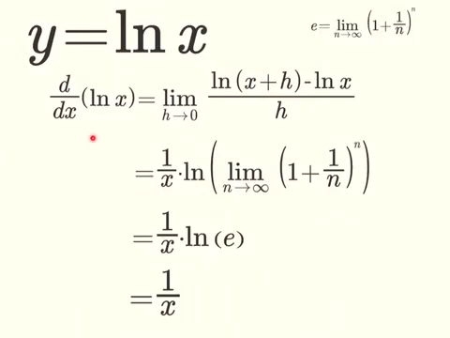And if you watched my first video about the derivative of exponential and logarithmic functions, we proved that the derivative of the natural log of x was equal to 1 over x in a completely different manner, using a different definition of e. And what that means, if we already know that the derivative of the natural log of x is equal to 1 over x, that tells us that this part here must in fact be e, because this whole thing has to be 1.